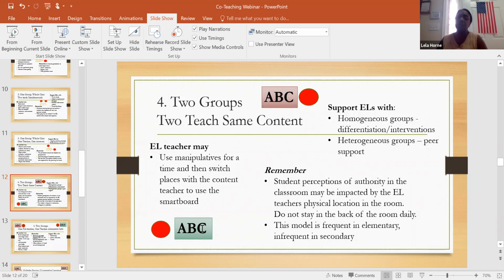I shared with you that once or maybe even twice, we did have a situation where I took a group of students across the hall. It worked because the teacher and I had established clear content and language objectives, and the teacher ended up leaning on me a little bit for those language objectives.